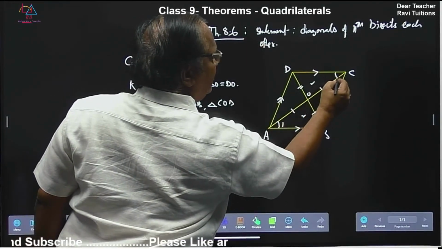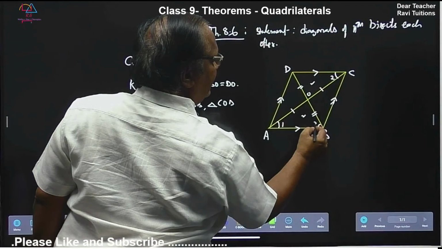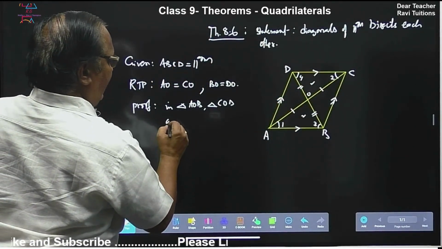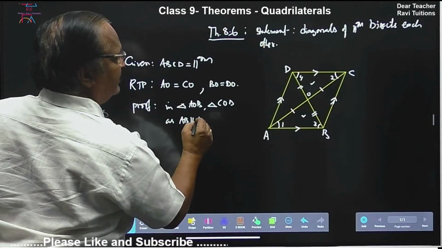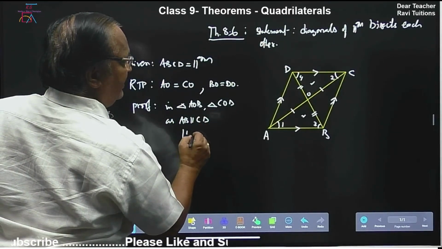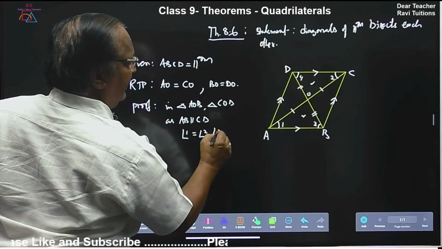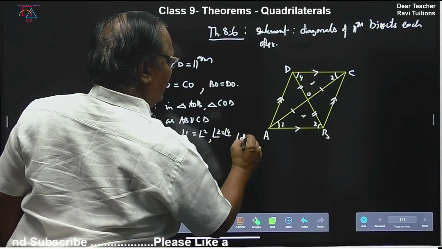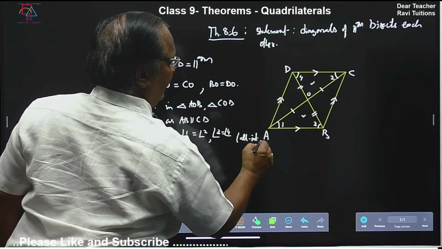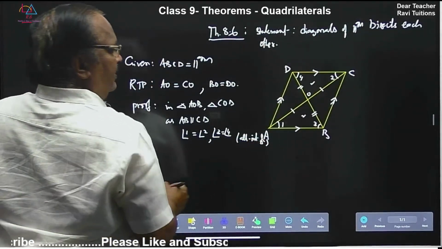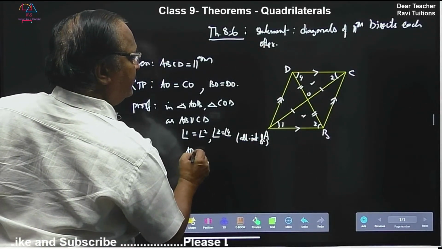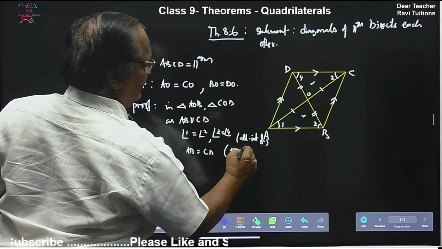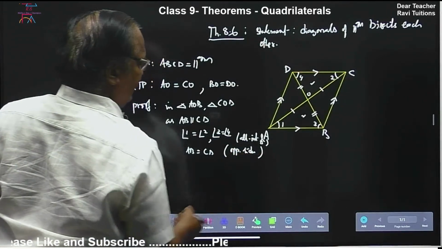As AB is parallel to CD, angle 1 is equal to angle 2 and angle 3 is equal to angle 4, because they are alternate interior angles. Also AB is equal to CD, because opposite sides of a parallelogram are equal, as we have proved.